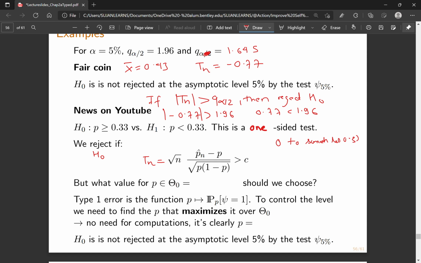And what is our null range? Anything greater than or equal to 0.33 up to 1. So there are two ranges here: 0.33 to 1, and 0 to something less than 0.33. That's our Theta naught and Theta 1.